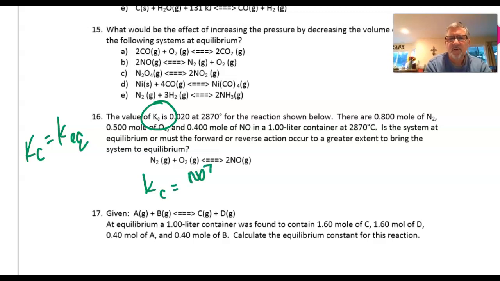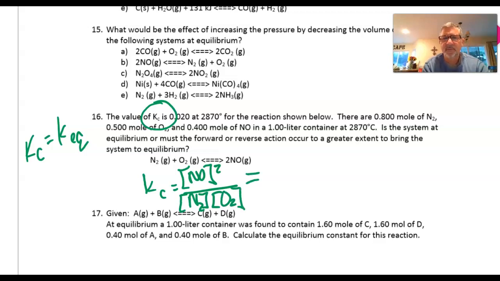So NO squared over the concentration of N2 and the concentration of O2. That's my equilibrium expression. Every time you see a bracket, it means concentration. Then you can just start filling it in.